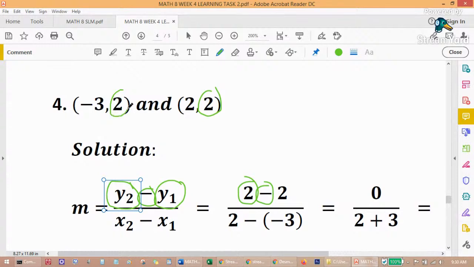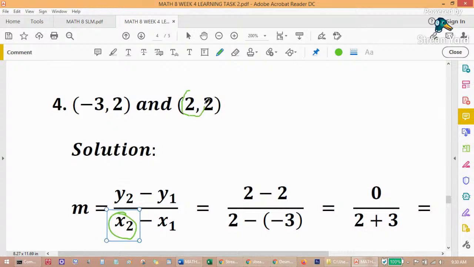So, our first y is 2. 2 minus 2. Okay? Divided by the second x, 2 again, 2 minus the first x. So, this is our first x, negative 3.